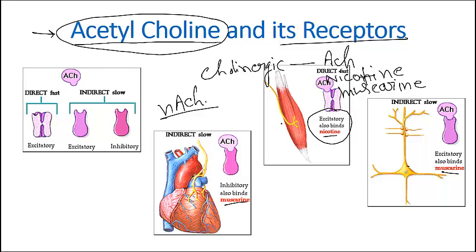At this receptor, acetylcholine acts directly to open the ion channels, producing a fast excitatory postsynaptic potential. Very fast activity is going on there. Acetylcholine is excitatory at nicotinic receptors, and it causes skeletal muscle to contract.